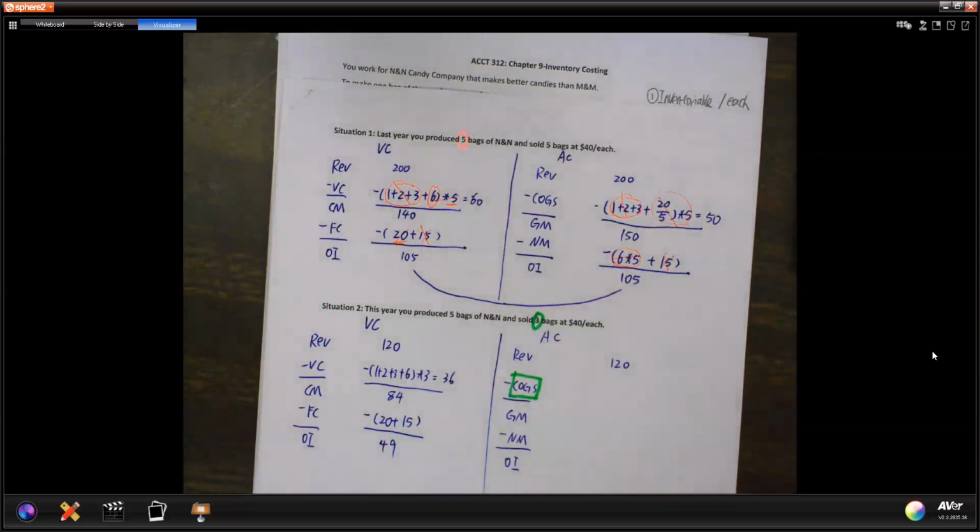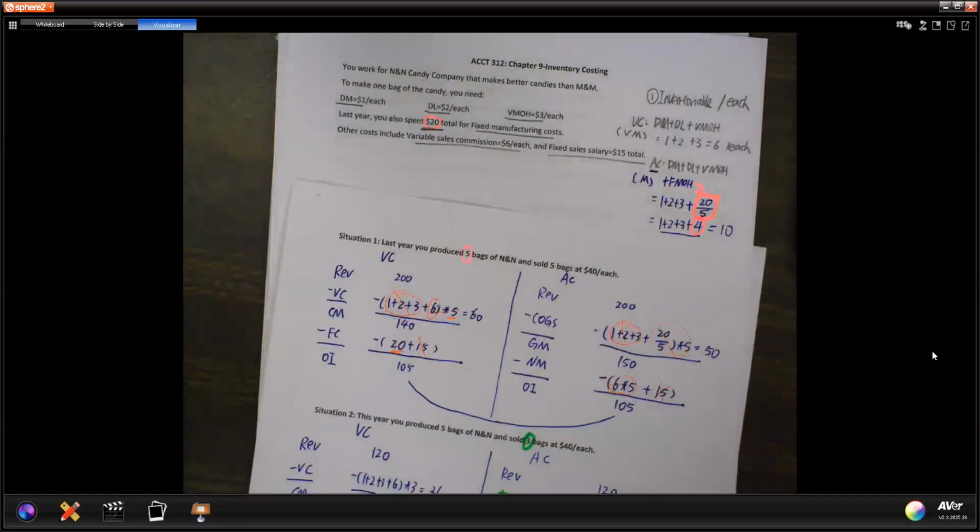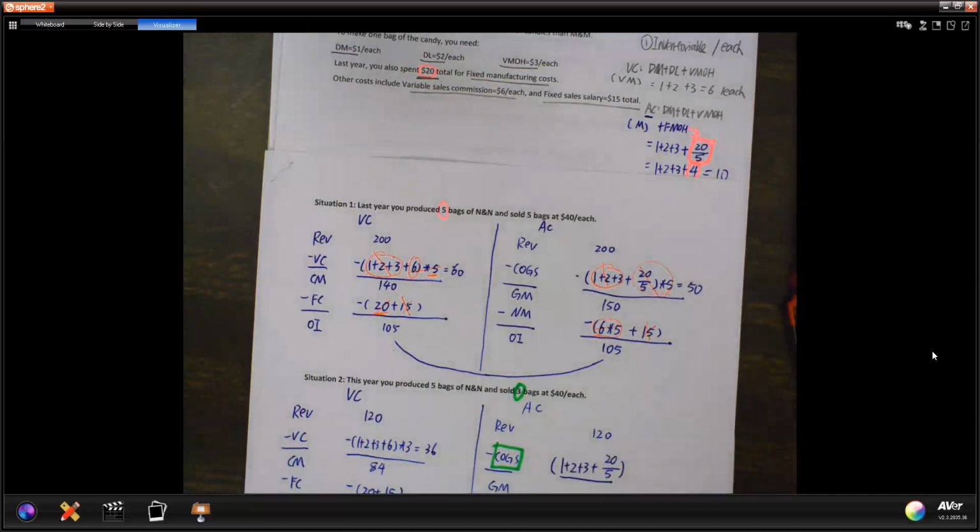For each one unit, the inventoriable cost is 1 plus 2 plus 3 plus 20 divided by 5. You still produced 5, so this is 1 unit of our inventoriable cost.